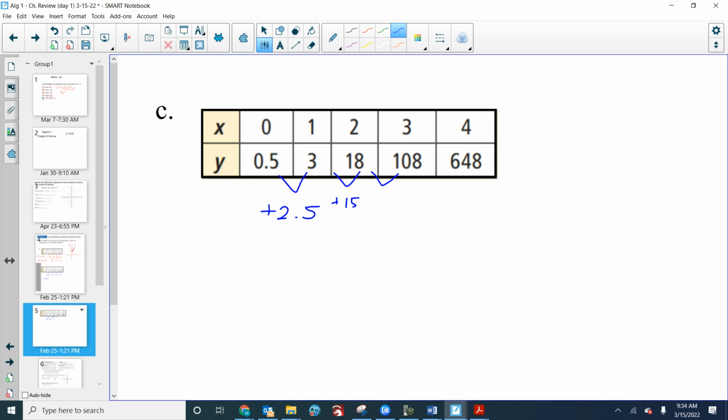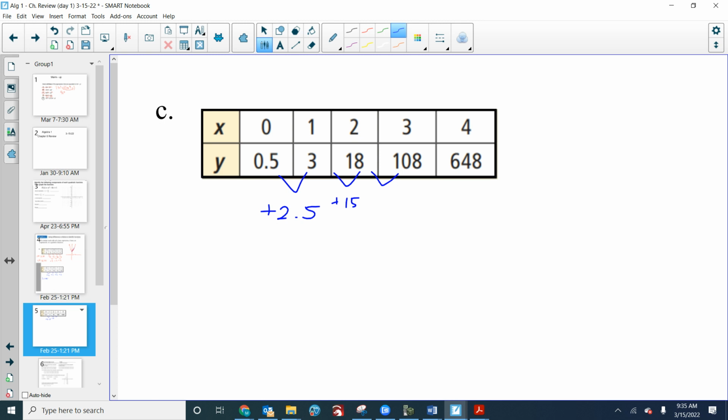This is growing really fast. Do you agree? At this point, what should we start dropping as options? It's not linear. We kind of think it's exponential, right? So at this point, I would stop finding the differences, because difference means subtraction. They're not going to be the same. Even the second differences aren't going to be close. Should we do it just for fun or no?